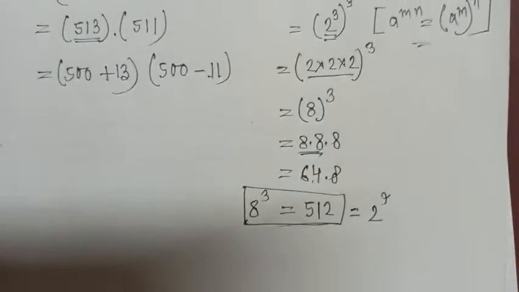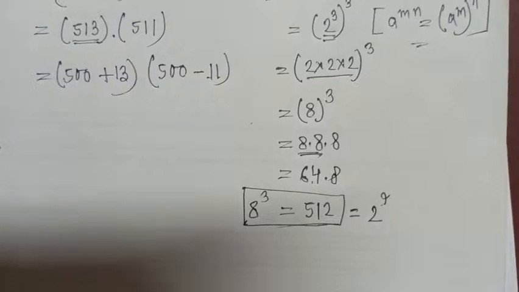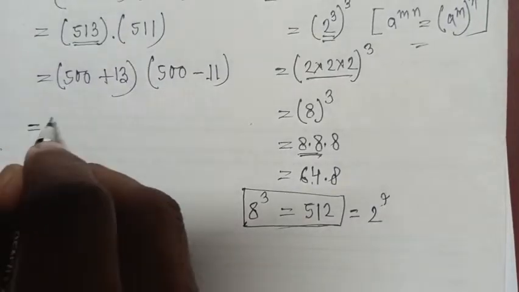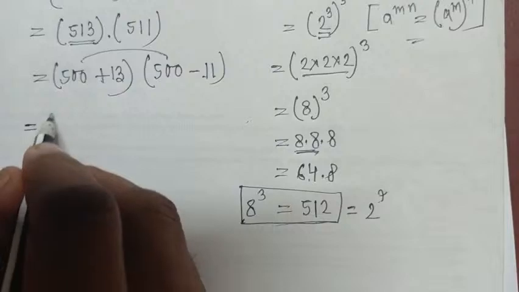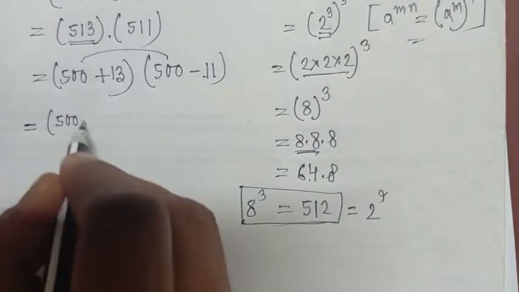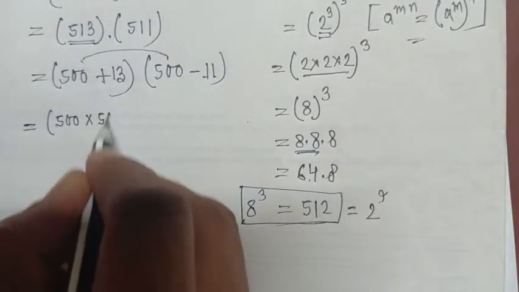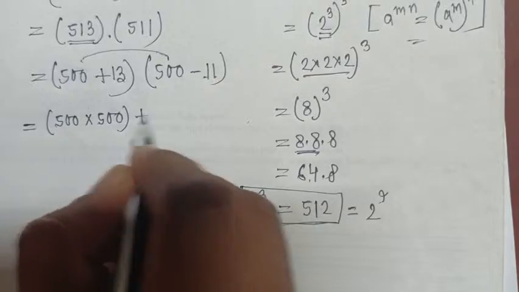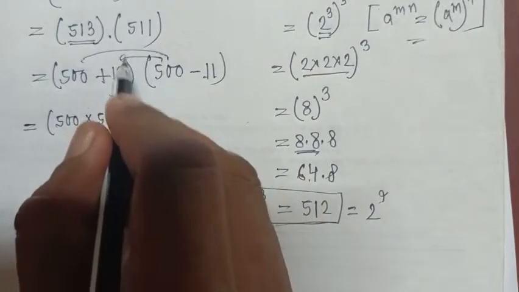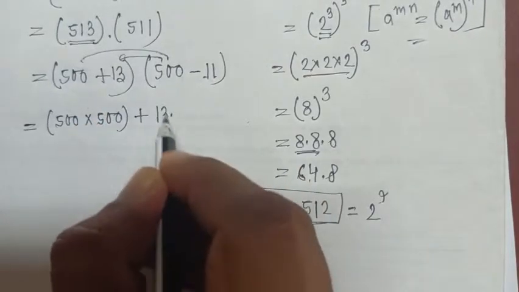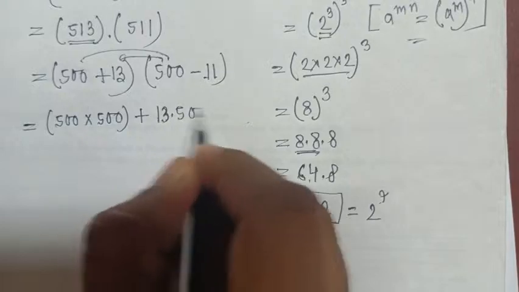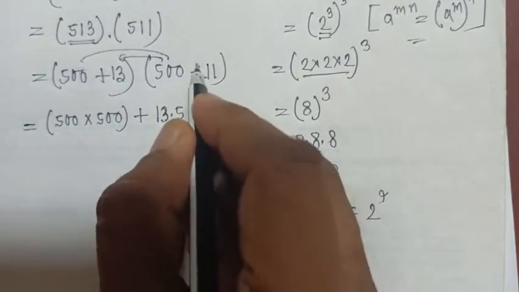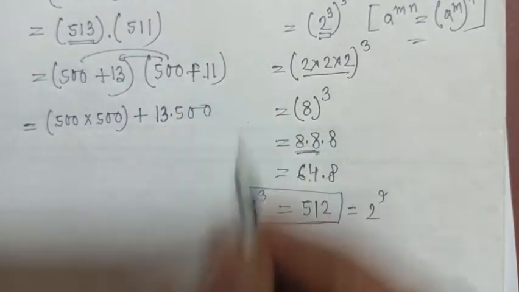So now we are going to simply multiply this, like this: 500 into 500 plus now this 13 into 500, sorry, this should be a plus sign.